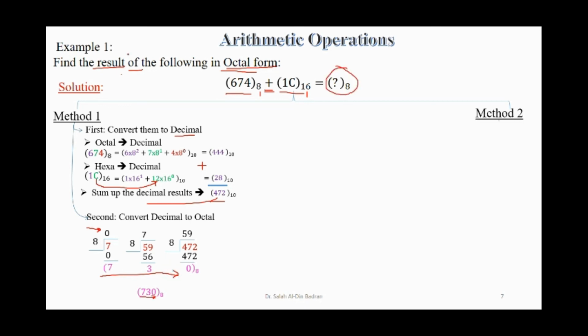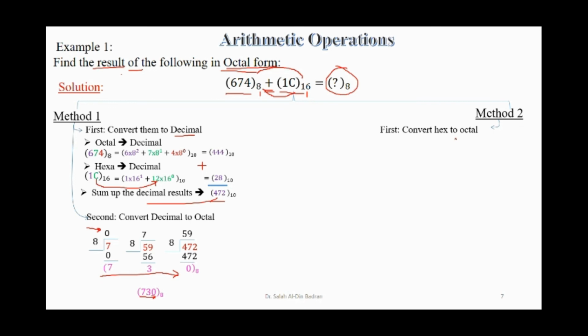The second method, we select one of these different systems and convert it to the other one. What we did here, we will take the hexadecimal number and convert it into octal. Then we will sum up the octal numbers.